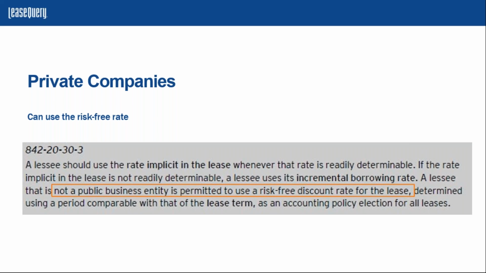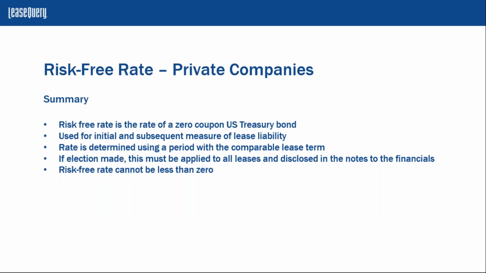But again, you can see below that for non-public business entities, those organizations can utilize a risk-free discount rate based off of a period that is comparable with that of the lease term. So that's the gist from a borrowing rate perspective, keeping it high level.